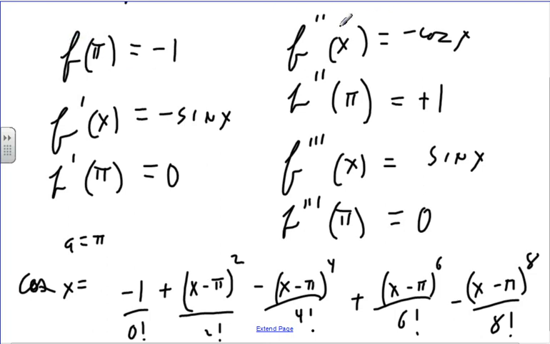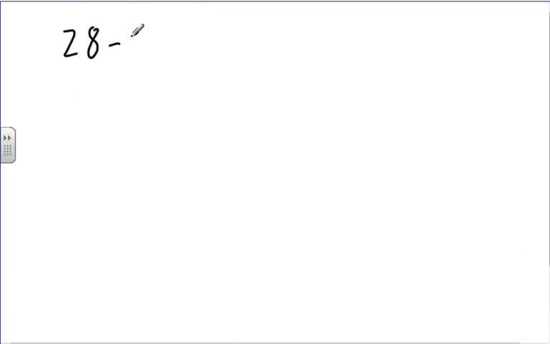Okay, so we're back on, and we're doing section 28.8, and this is computations using what we've known so far. All right, so we're going to do number 1, and we want to find e to the 0.1.